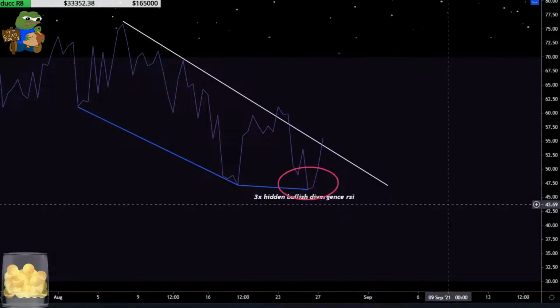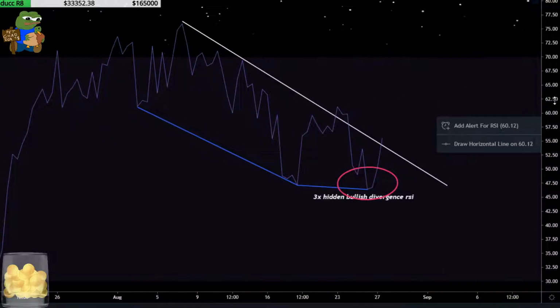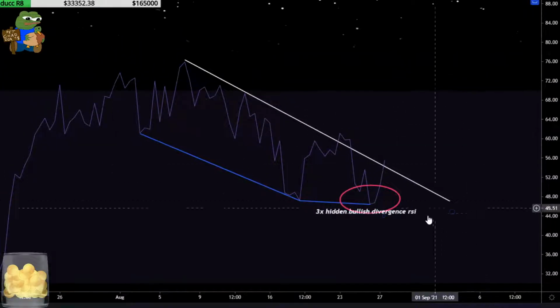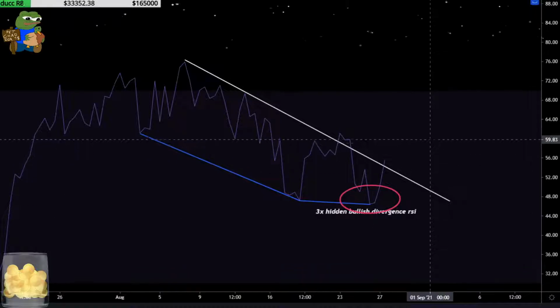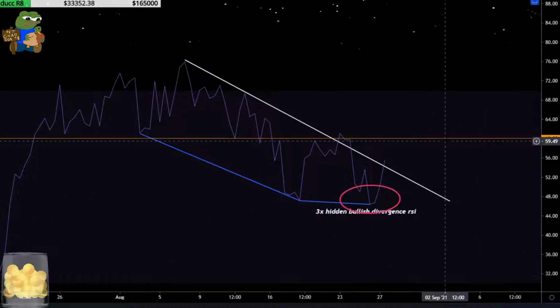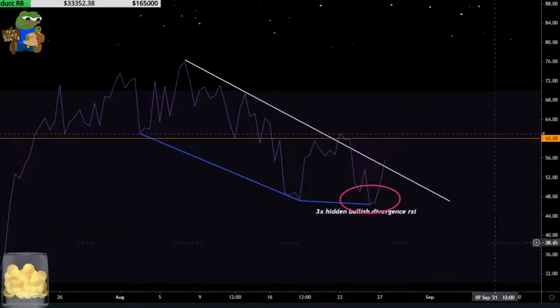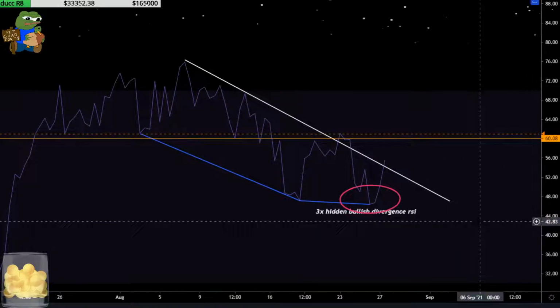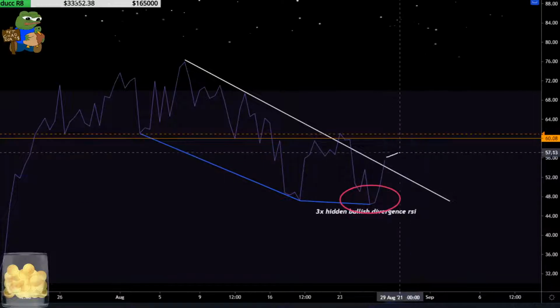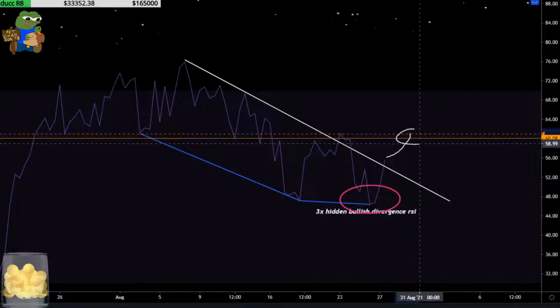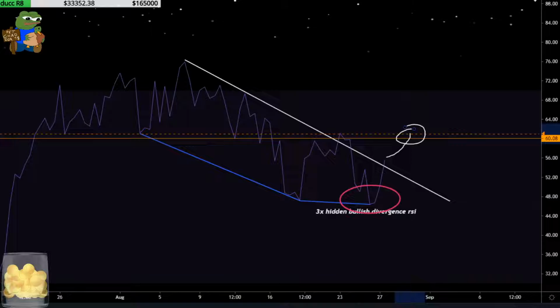I'll put that right there. Okay, so we marked the 60. That'd be really nice to get above this level. Okay, I'm going to set an alert right there. Add an alert on the RSI for when we break it. And when we hit this, Pepe's going off in the chat.